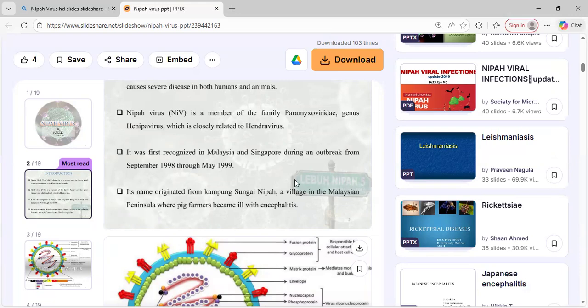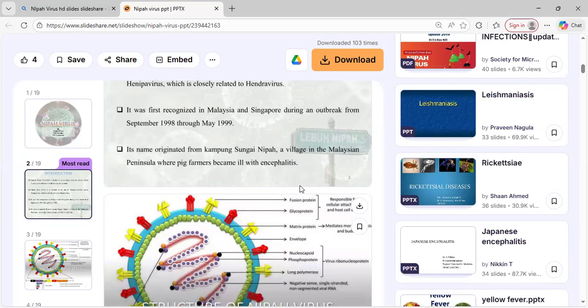People came to know about the Nipah virus first in Malaysia and Singapore during 1998 and 1999. Its name originated from Kampung Sungai Nipah, a village in the Malaysian peninsula where pig farmers became ill with encephalitis.